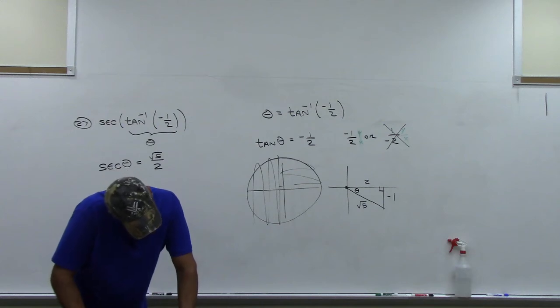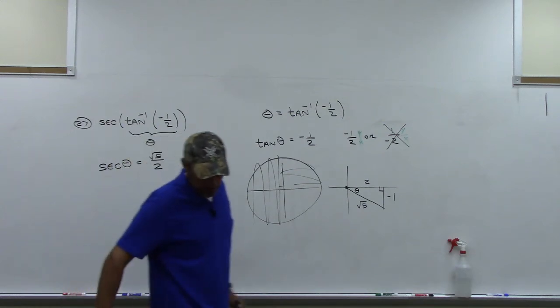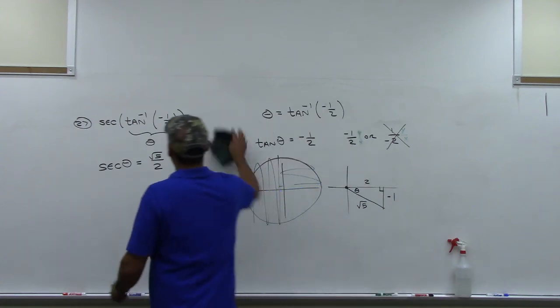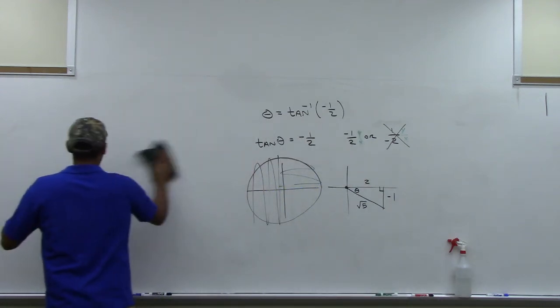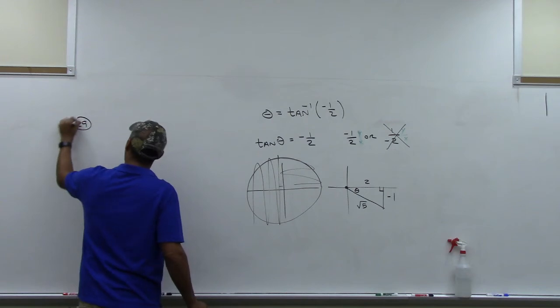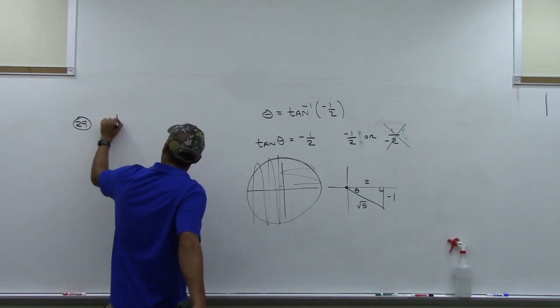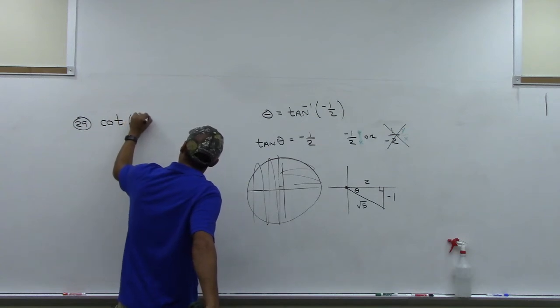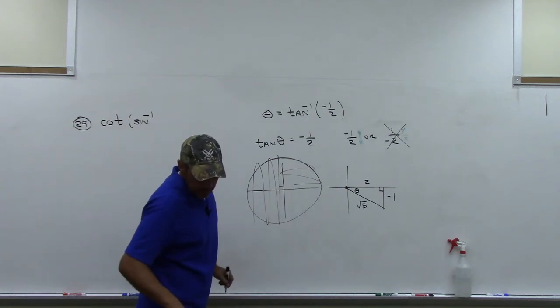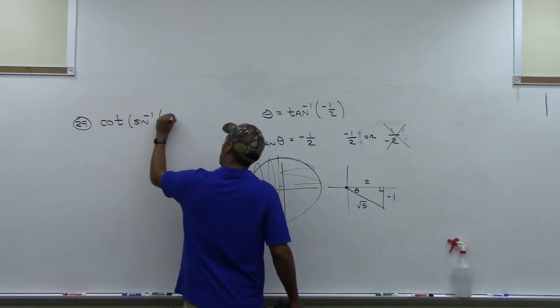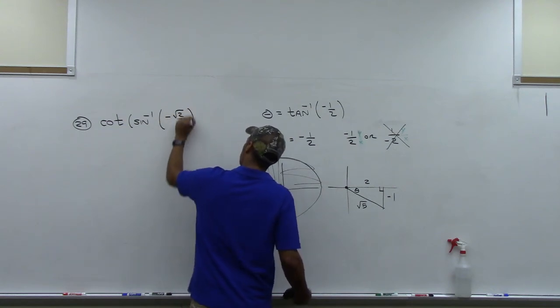All right, number 29, cotangent of arcsine of negative root 2 over 3.